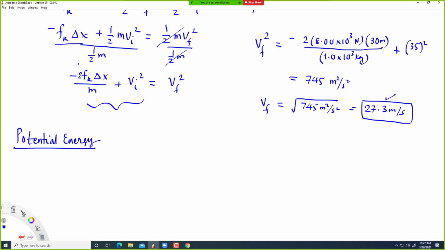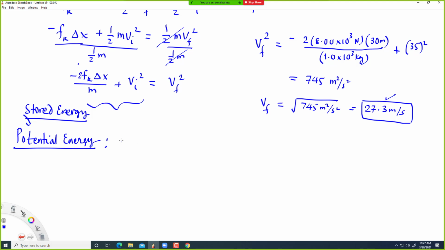Any idea what potential energy is? Or never heard about the term? Yeah, potential is a stored energy.